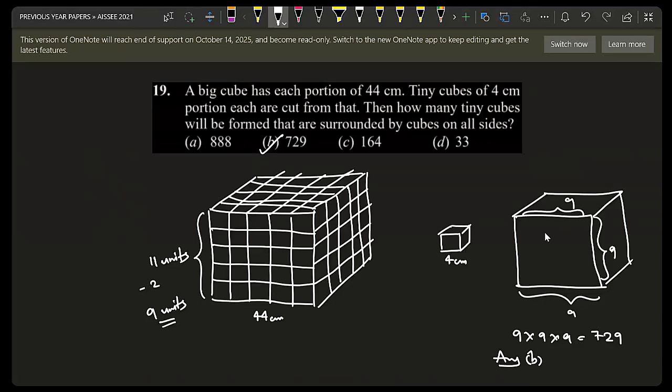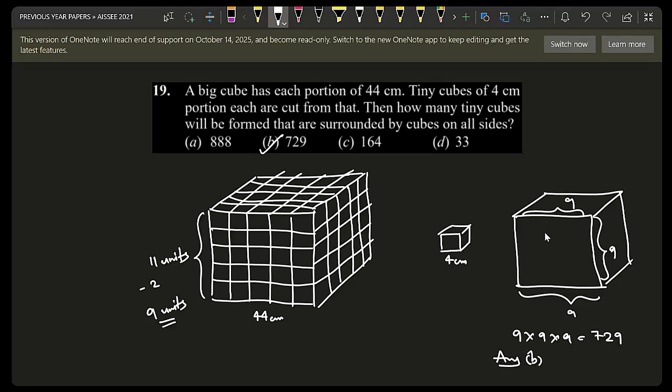Let me ask the question in a different way. Suppose I have divided the big cube into small pieces. What I am doing is painting the bigger cube on all the faces. A cube has how many faces? 6 faces. All the faces I am painting from outside.